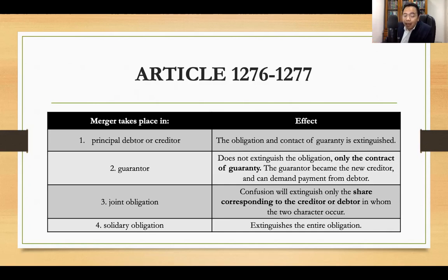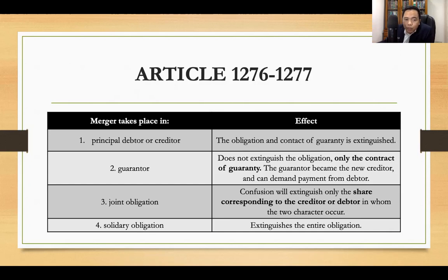As a general rule again, merger can only take place between the principal debtor and the principal creditor, except when the merger takes place between the creditor and the guarantor. Okay. Now, merger in the guarantor does not extinguish the obligation, only the contract of guarantee. The guarantor becomes the new creditor and can demand payment from the debtor.